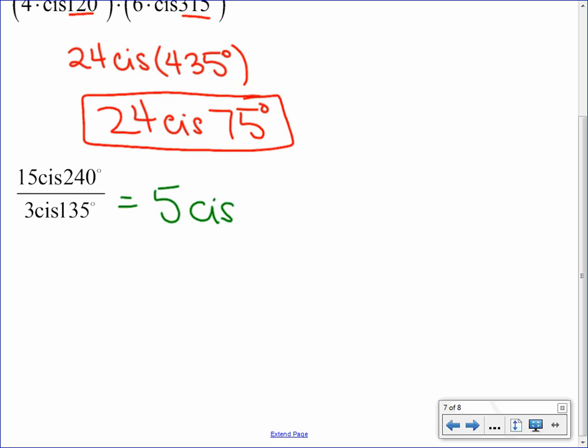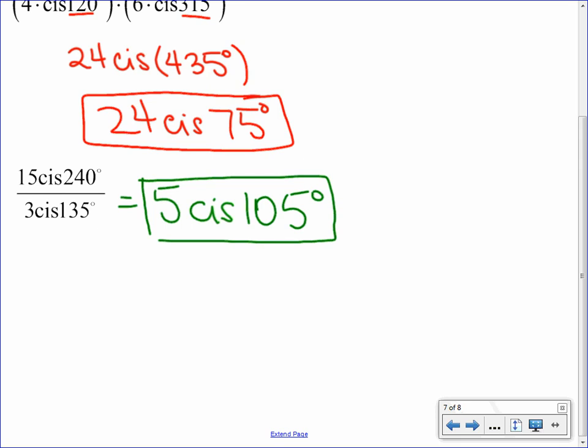Subtract. What is 240 minus 135? And that angle's between 0 and 360. So we are okay. Any questions?